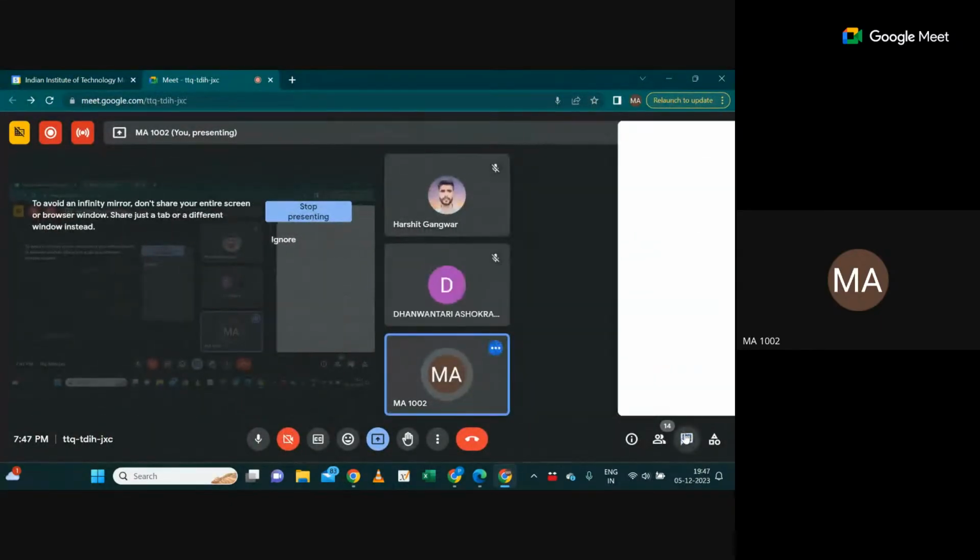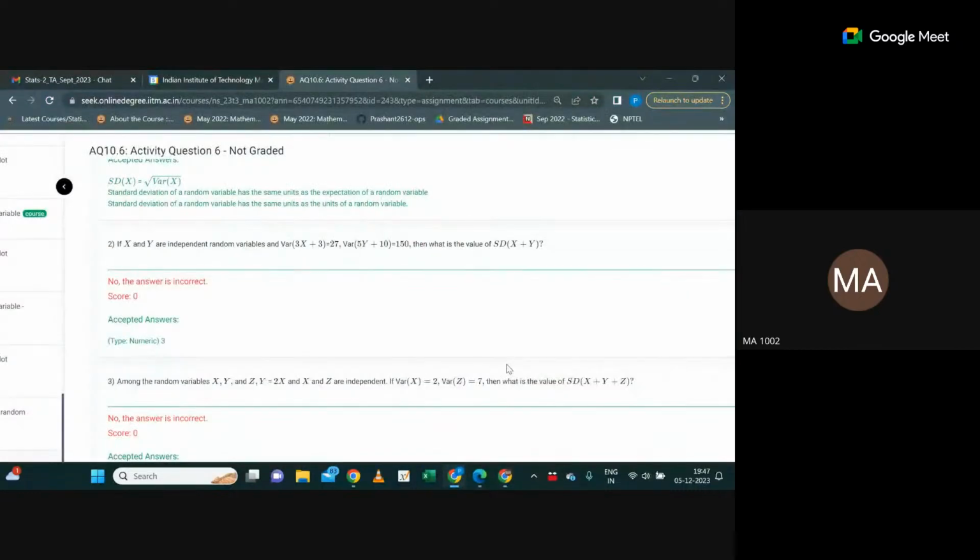Hello. Are you able to solve it, or are you facing difficulty? Any opinion? Root 17.